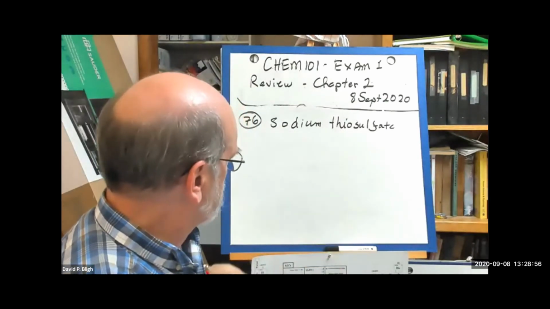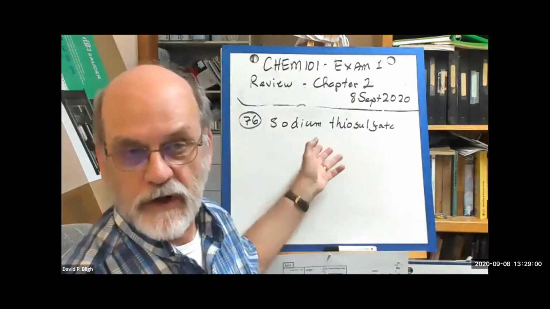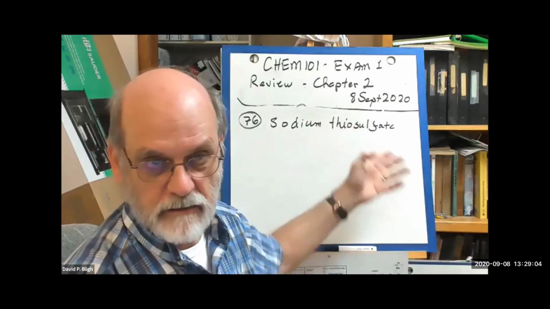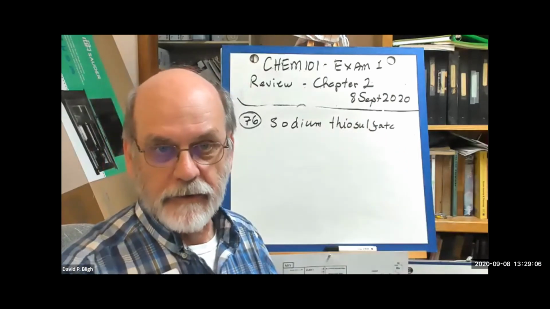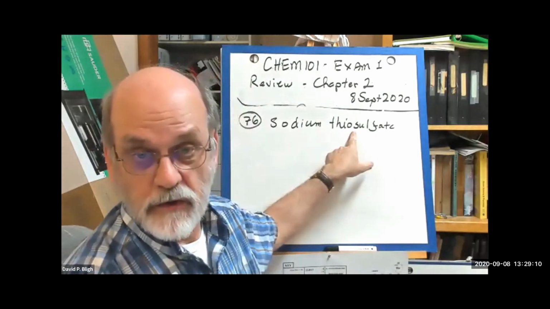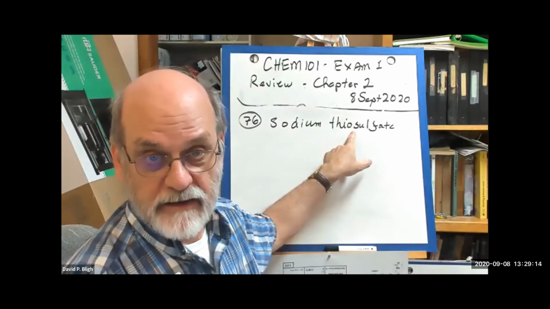For instance, instead of thiosulfate, say we had sodium chloride. Sodium and chlorine are both elements, so you know there's no polyatomic there. If you see something that cannot be directly related to an element, that's a pretty good clue that you need to look up the polyatomic.